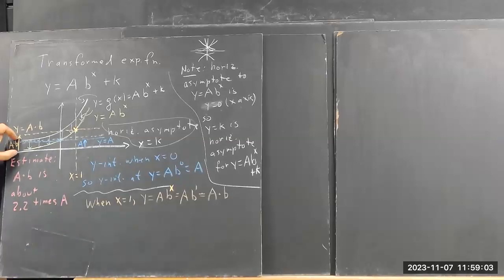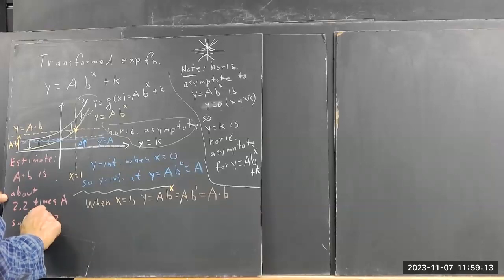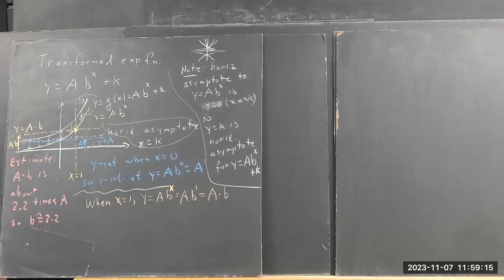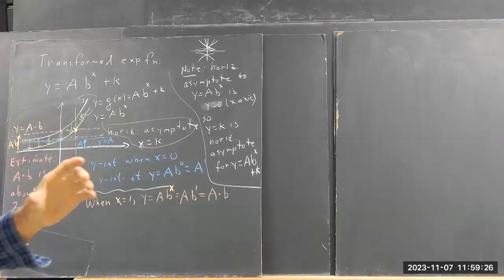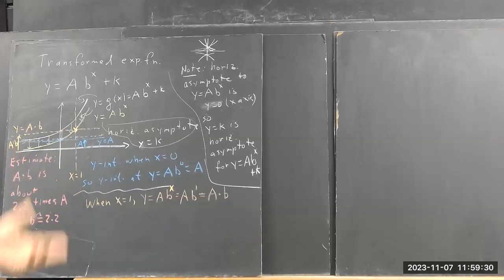In other words, the a times b arrow is about 2.2 times the a arrow. So b is approximately 2.2. Now you can do that with any of the graphs you saw on the homework. And you probably should go back and do it, because I've spent this much time on it.